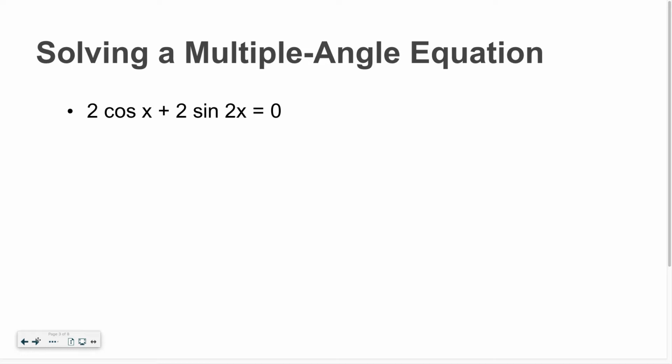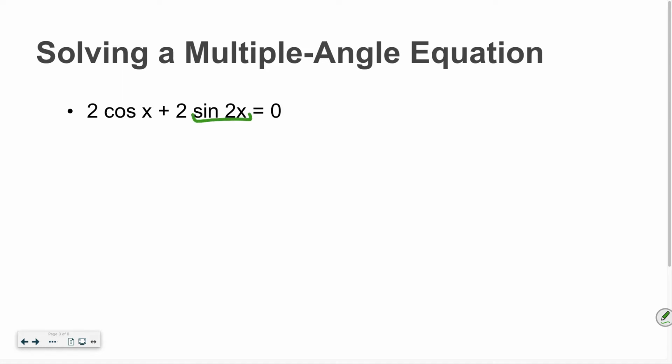Maybe, maybe not. But here I have cosine, here I have sine. Yes, we have 2's in common, but there's really nothing else that we can do in order to solve this equation, okay?